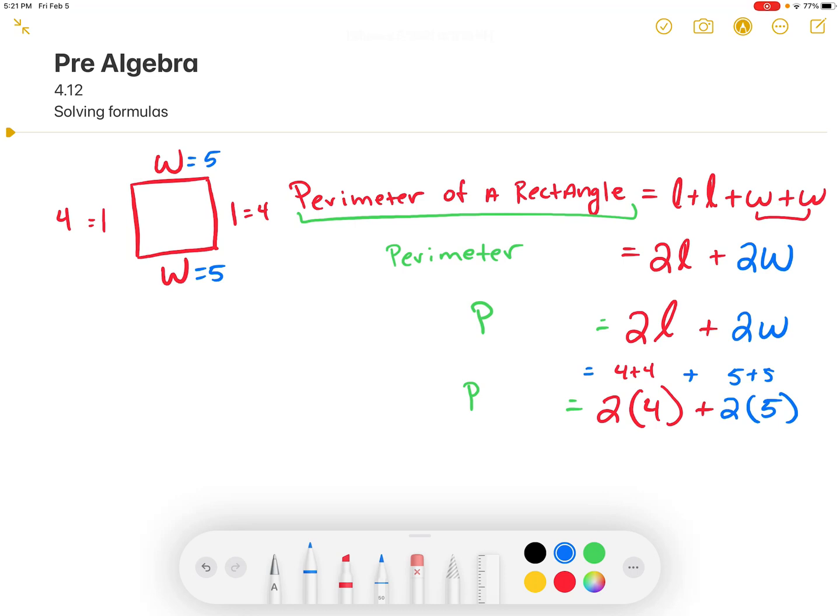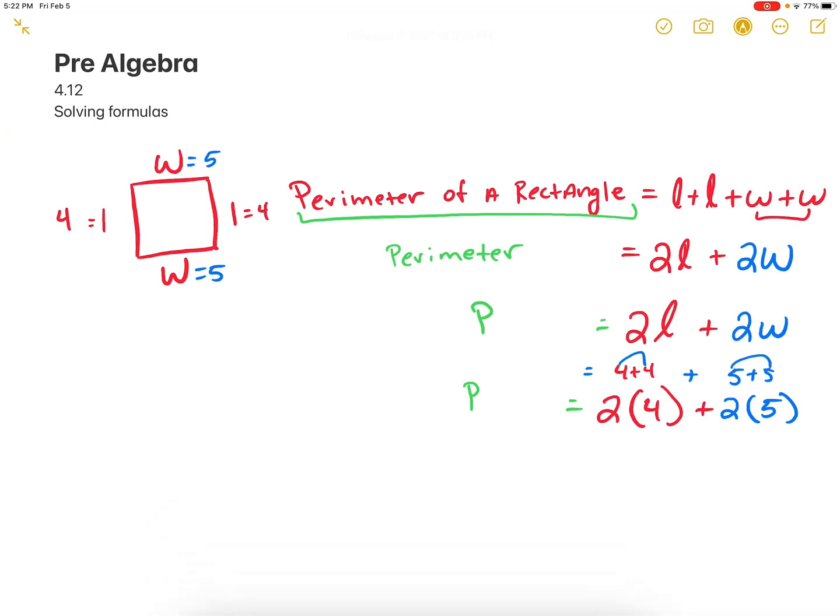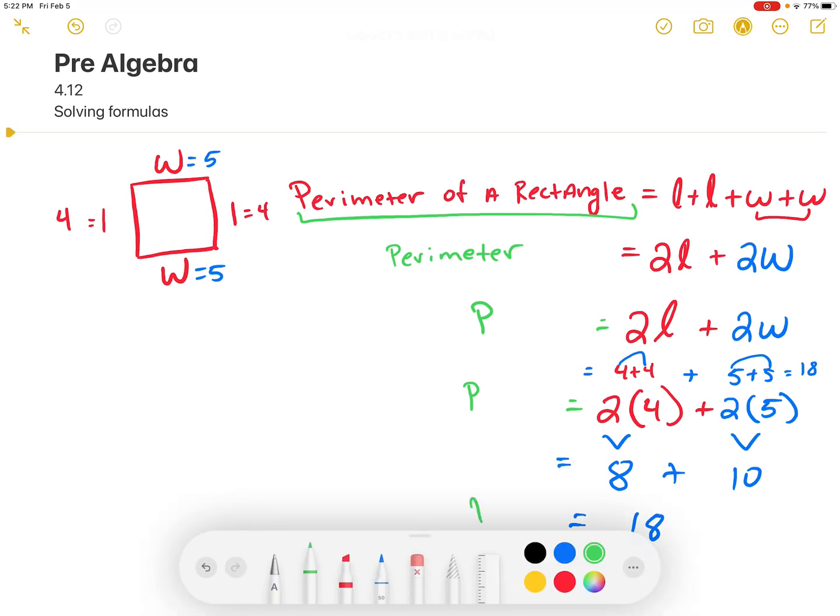If we added them all together, it'd be 4 plus 4, 8. This is 10. 10 plus 8 is 18. And let's see what we get here. 2 times 4 is 8, plus 2 times 5 is 10, and we still get the perimeter being 18. Okay, so it works there.